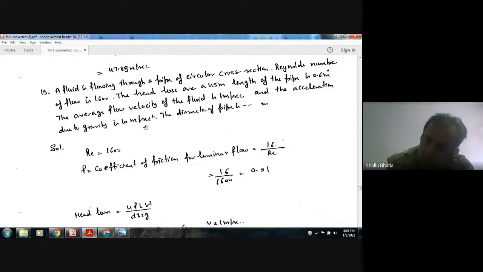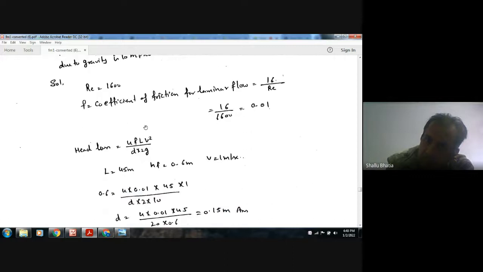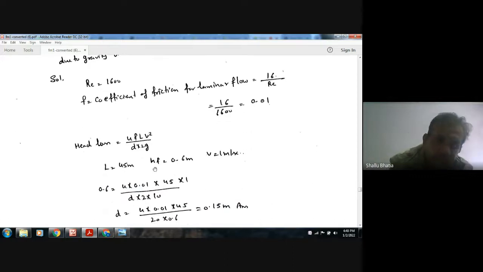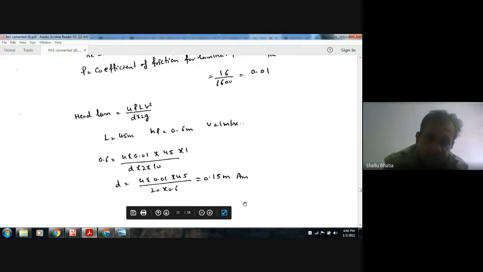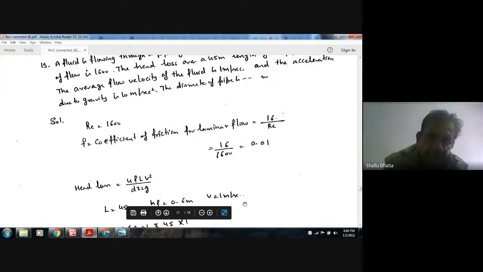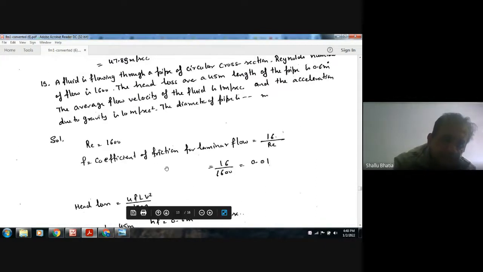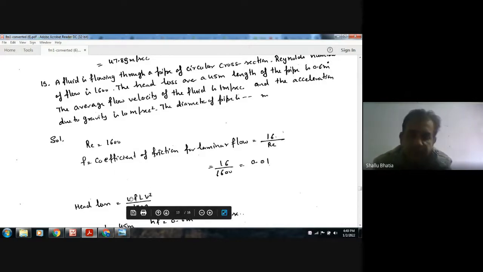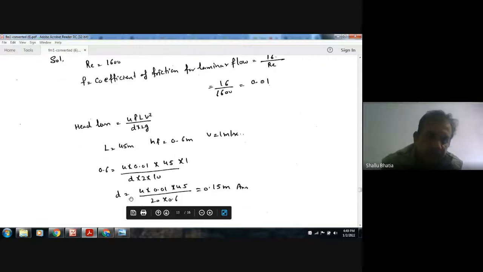So we have all the values, and we can find out the diameter. The answer is 0.15 meter. We have to remember that the coefficient of friction in case of laminar flow is 16 by Re, and Re is given. Then we have to use the formula for head loss, that is 4 f L v square divided by d into 2g.